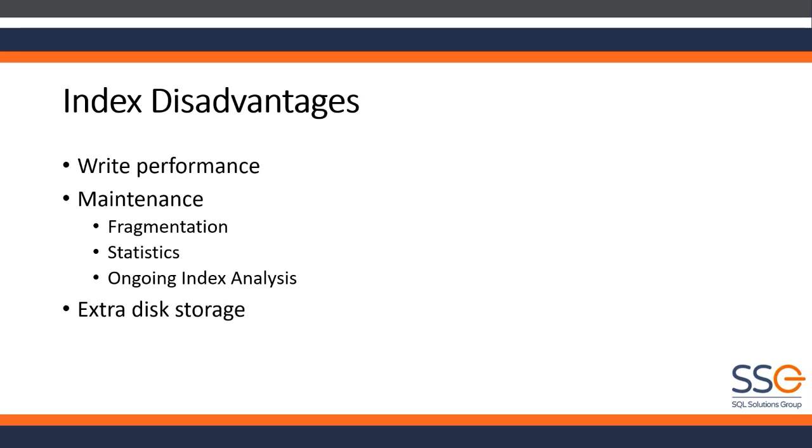So instead of doing one insert onto the table, I'm doing an insert onto the table and also inserting into 20 additional indexes. This is a problem that we see a lot with over-indexing, and we'll talk about that in a minute. But because you have to write to multiple places, it can degrade your write performance slightly. It's often greatly balanced with great read performance, but more indexes doesn't come free.